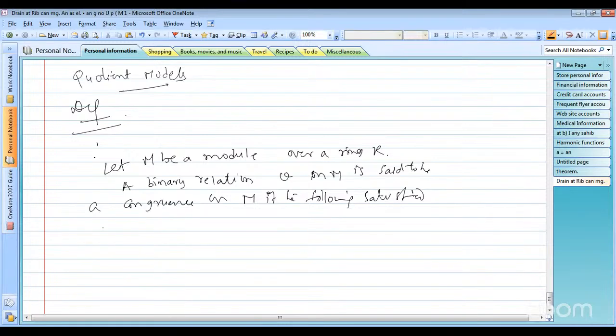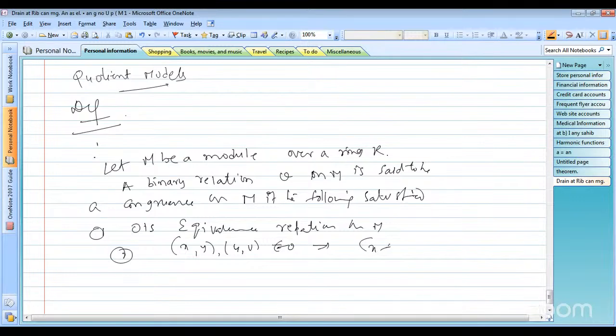First of all, theta is an equivalence relation on M. Second, if (x, y) and (u, v) belong to theta, then (x plus u, y plus v) belongs to theta.